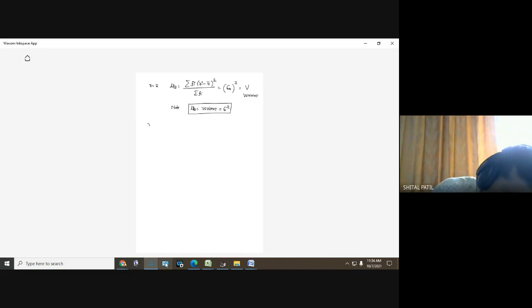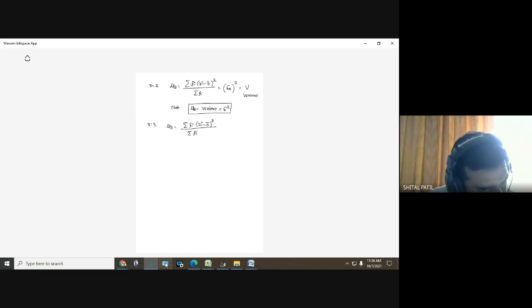Then r equal to 3: summation of fi (xi minus x bar) cube divided by summation of fi. At this moment it is not possible to draw any conclusion from here.